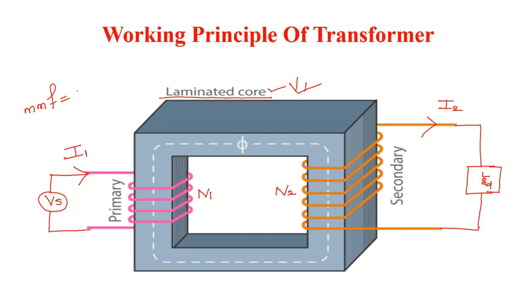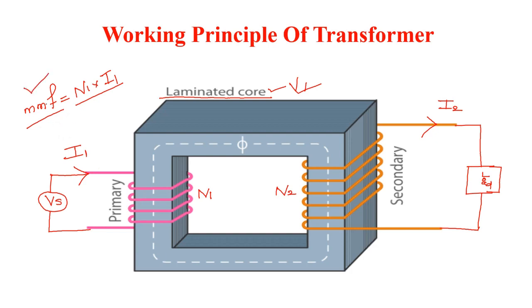This MMF is always the product of the number of turns of the primary winding and the current flowing in the primary winding. N1 represents the number of turns in the primary, and I1 represents the alternating current flowing through the primary winding.